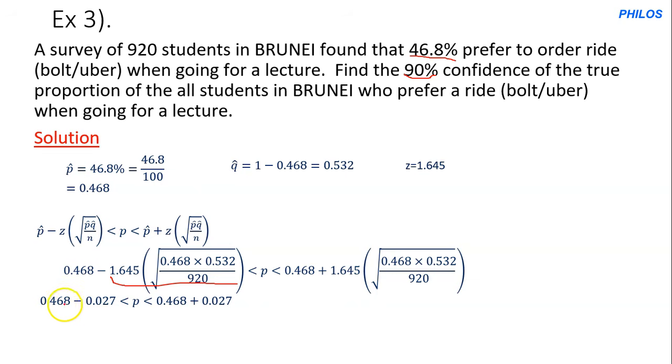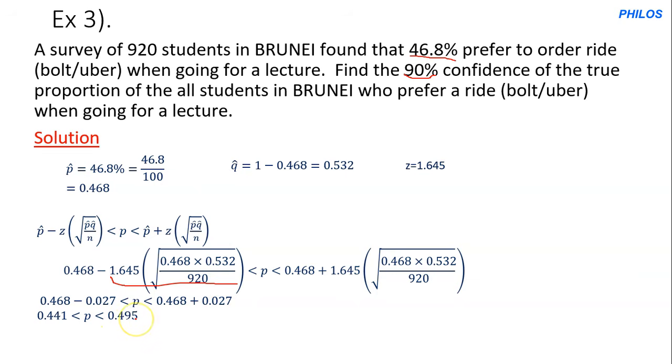So 0.468 minus 0.027 should give you 0.441, less than population proportion, less than. When you add 0.468 plus 0.027, you get 0.495.